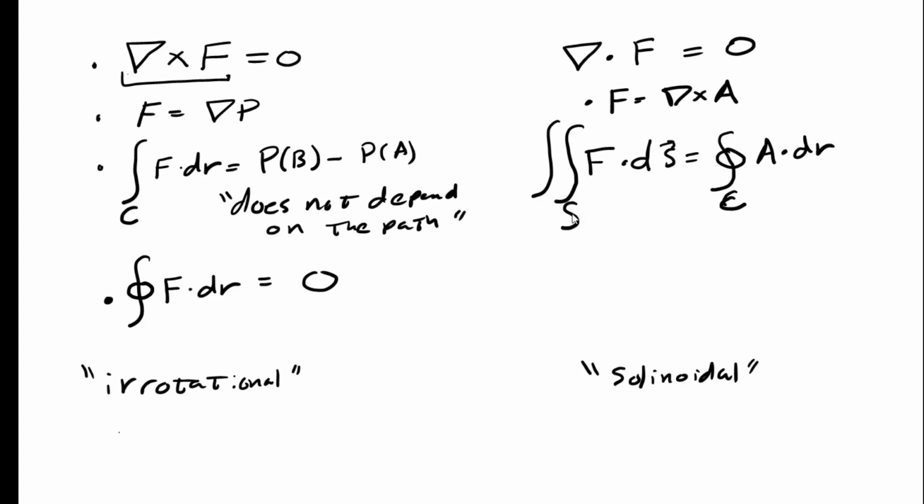So c is the boundary of this S. Let me say this does not depend on the path, the surface. Okay, it only depends on the boundary C of that surface.